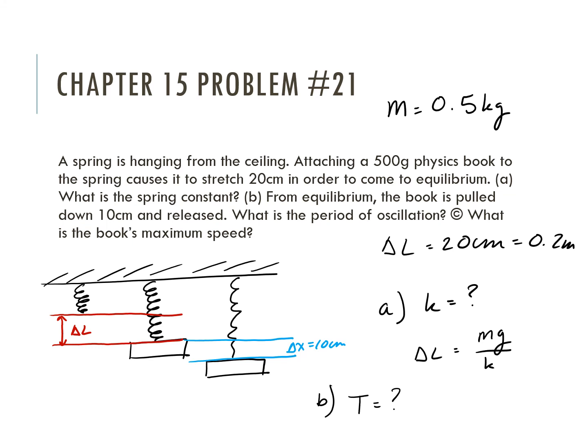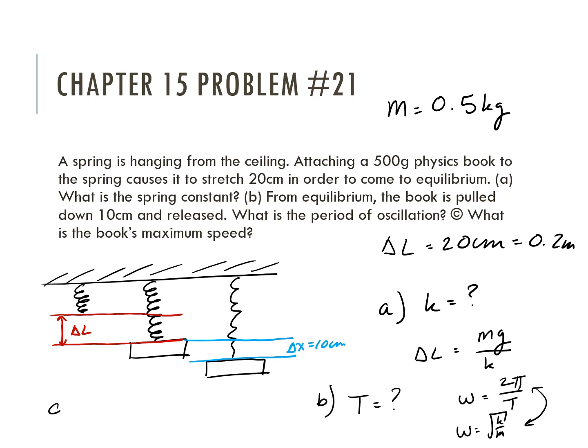We know a couple pieces of information about how to calculate period. The equation we've seen before is omega is equal to 2 pi divided by the period. Omega is also equal to the square root of k over m. So we're going to be able to use these two equations together to solve for the period.